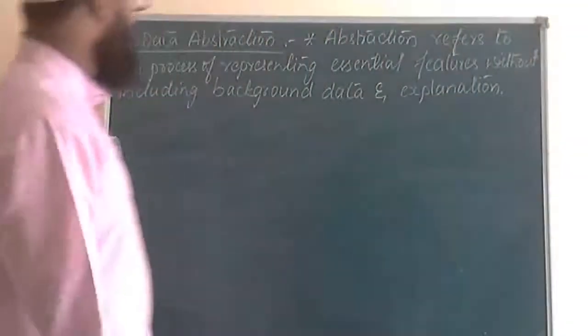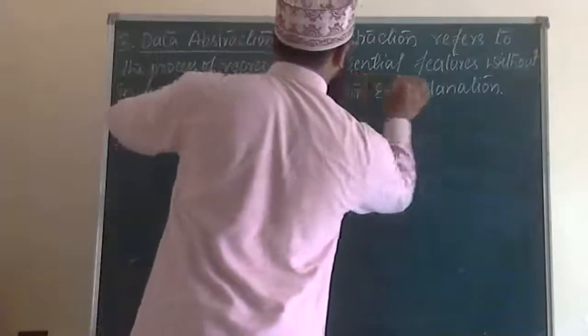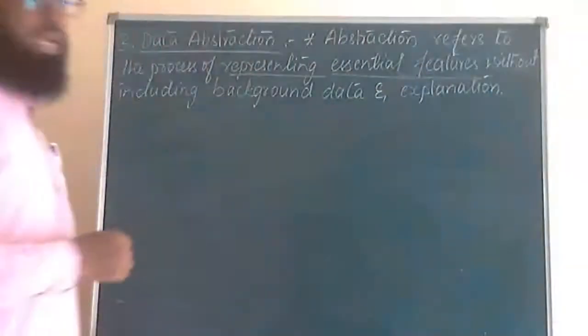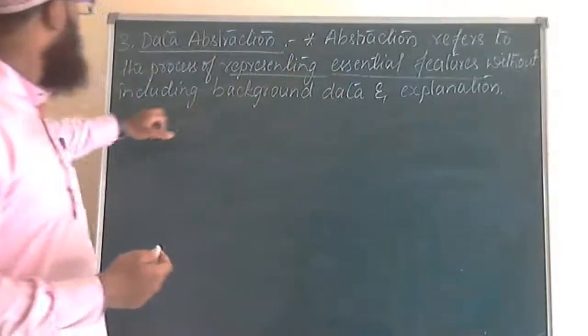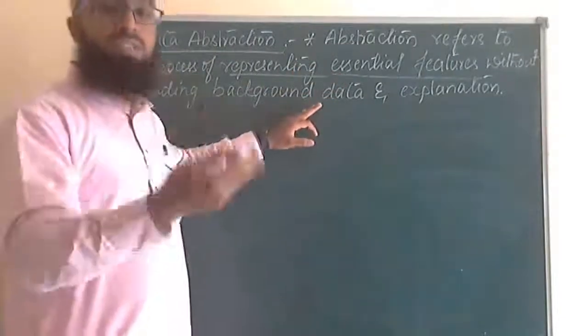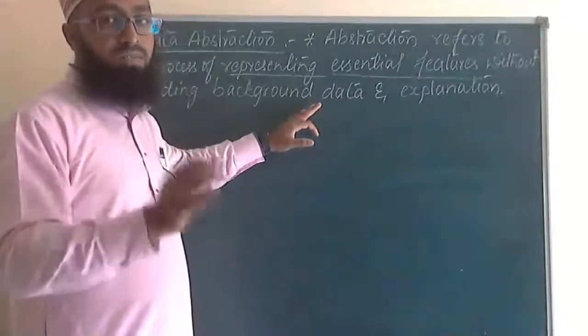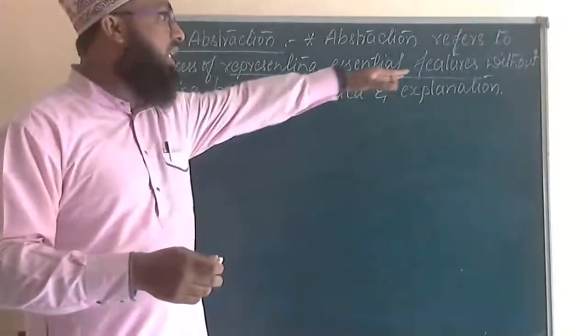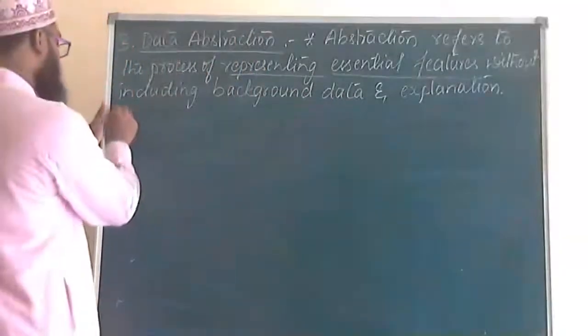Abstraction means it's a process of representing essential features of a class or an object, without including background data, whatever things are included under the class or under the object, and without taking any explanation.